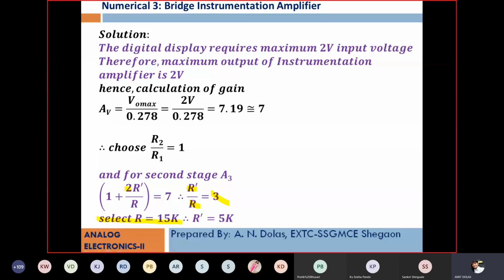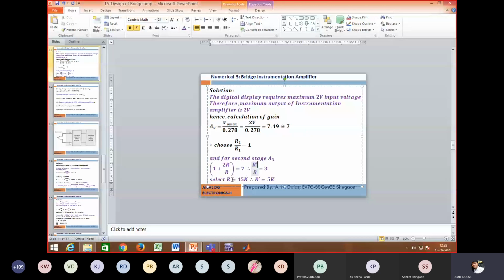Select R dash is equal to 15k. Then the value of R will be equal to 5k.